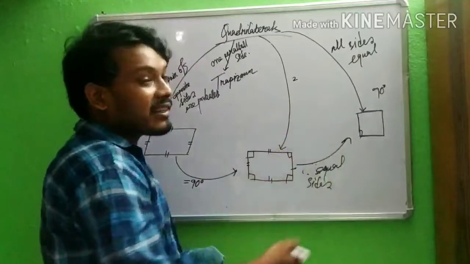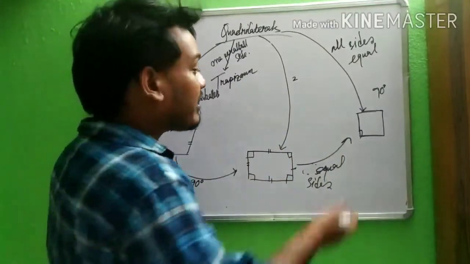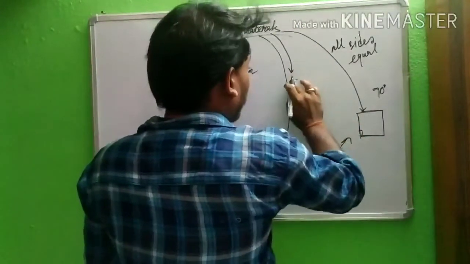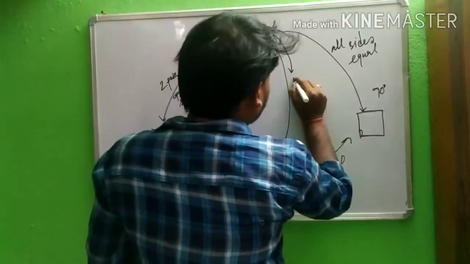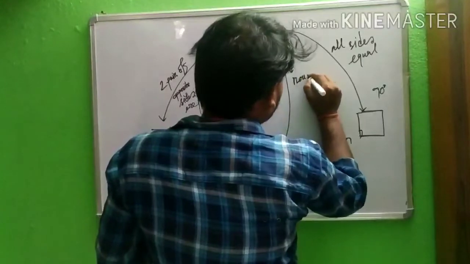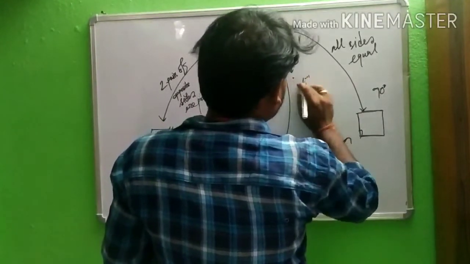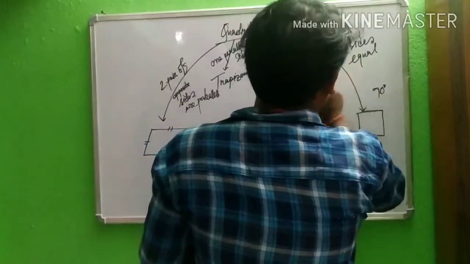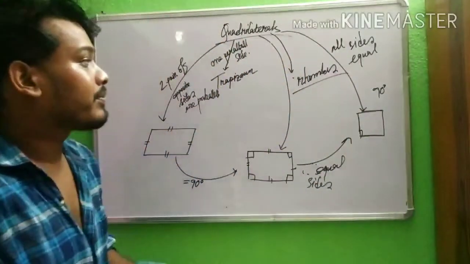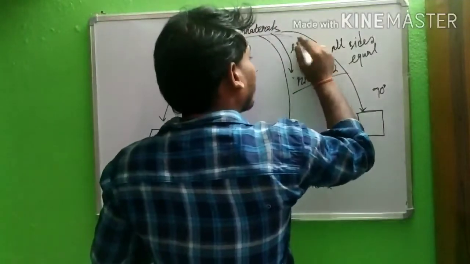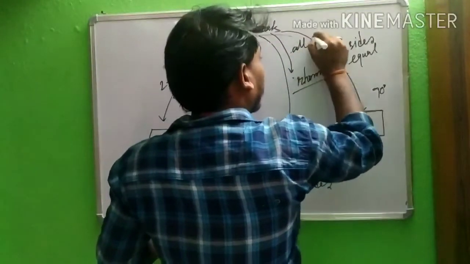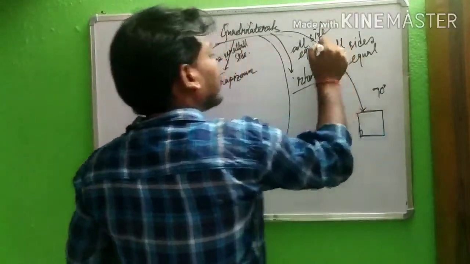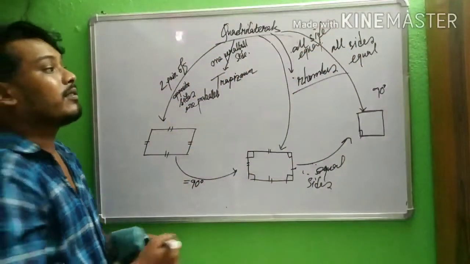Or in another way you can also give the definition of a square. So we first define a rhombus. So what is a rhombus? Only one condition is there: all sides equal.